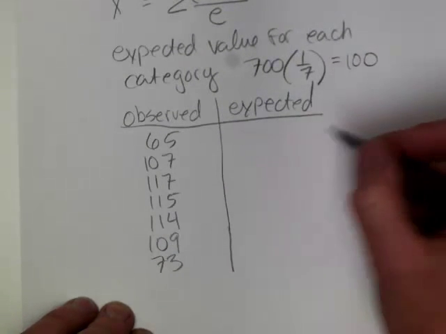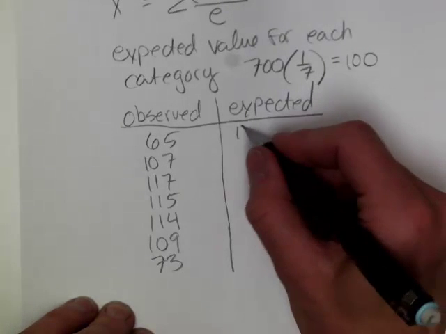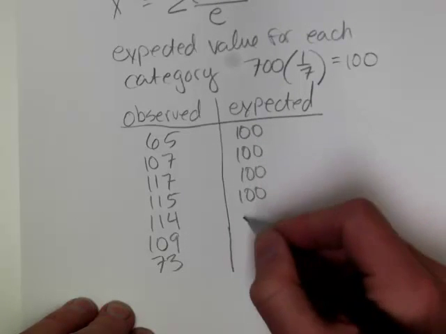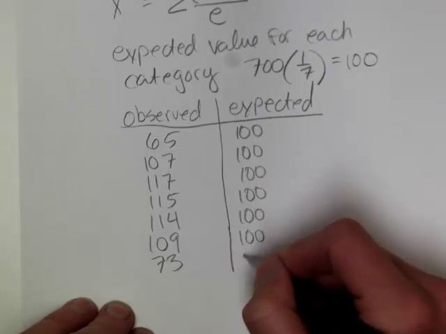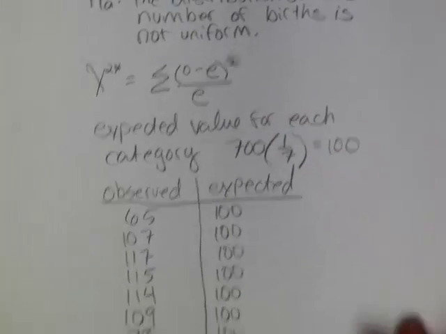Now, for the expected values, since we're expecting a uniform distribution, the values would all be 100. So now we have our pieces to put into the test statistic by hand.